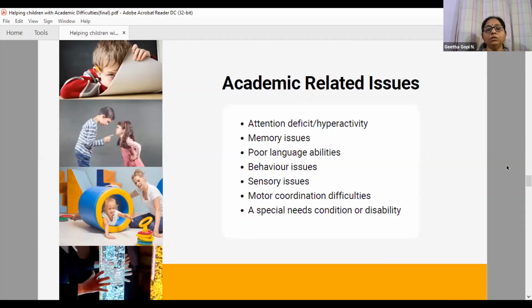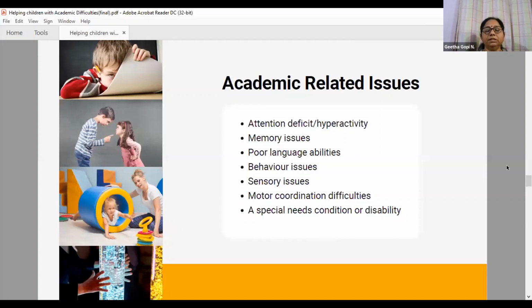Apart from these, there are also behavior issues. Again, many of these are very closely linked, and one may lead to the other, or they may occur concurrently. So other behavior issues, such as being unable to self-restrain themselves, especially with children who have hyperactivity, for example.